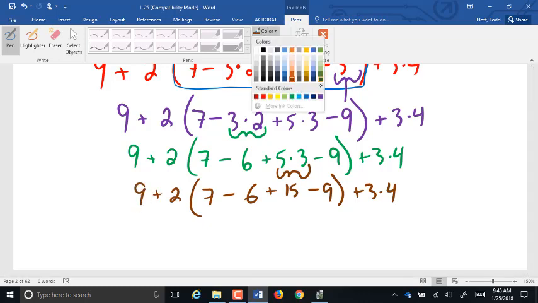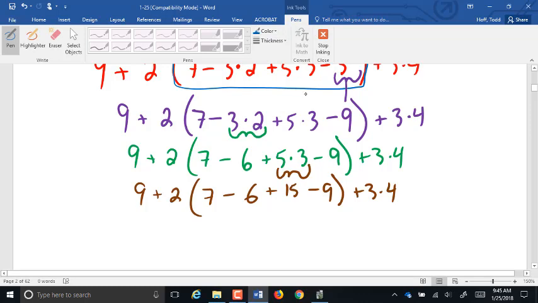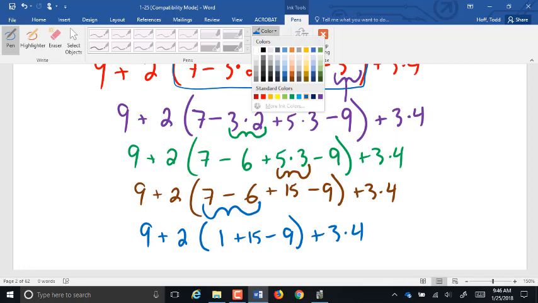No more multiplication or division. So we're down to addition and subtraction. There's several of them, so we are going to go left to right. 7 minus 6 is 1. Replace the 7 minus 6 with 1, and everything else remains.